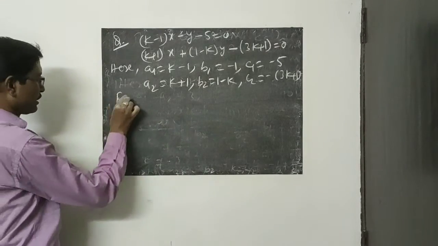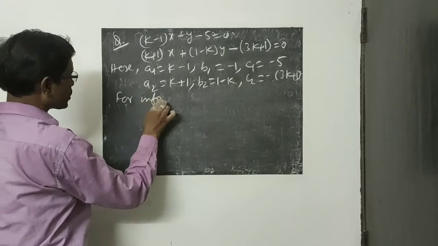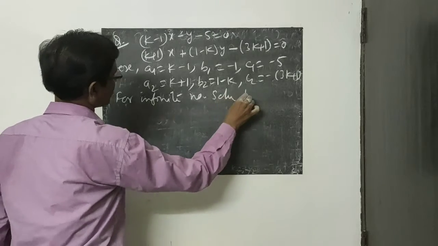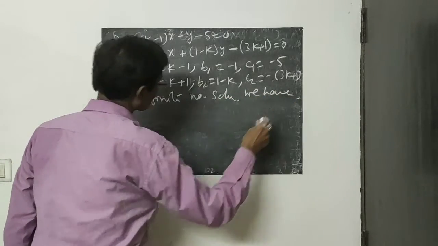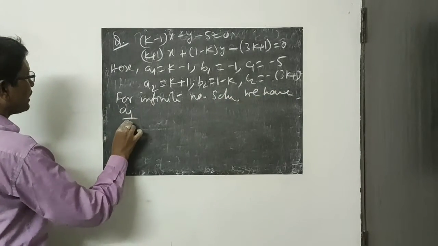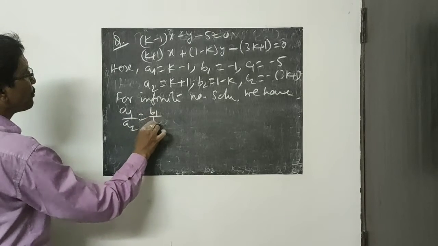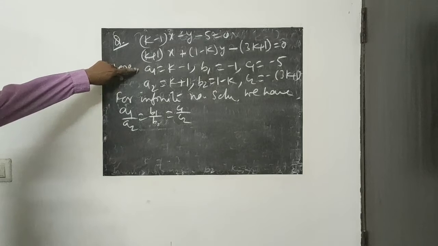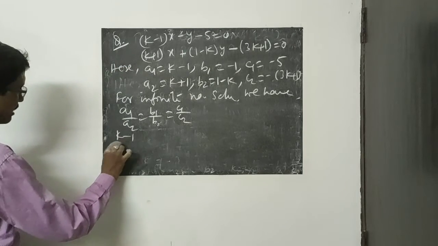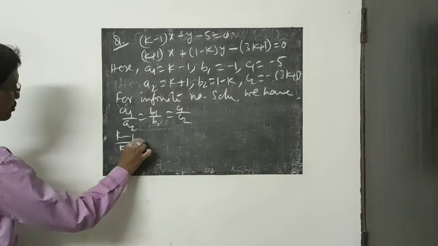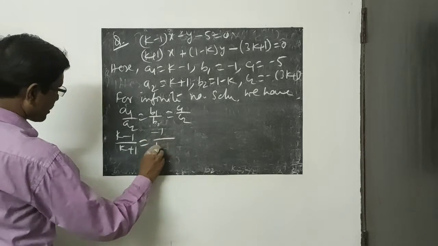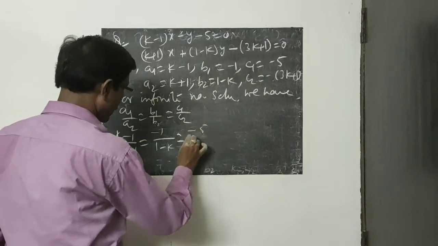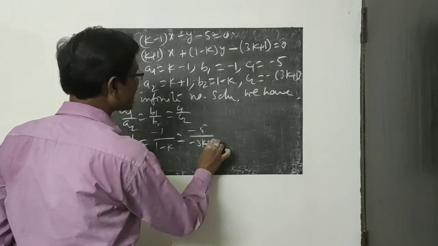For infinite solutions, we have A1 by A2 equal to B1 by B2 equal to C1 by C2. That means k minus 1 by k plus 1 equals minus 1 by 1 minus k equals minus 5 by minus 3k plus 1.